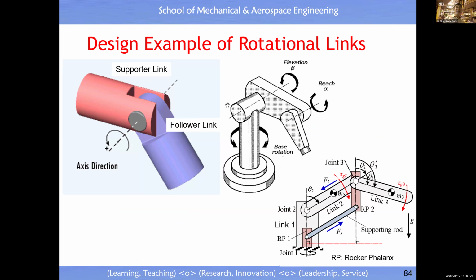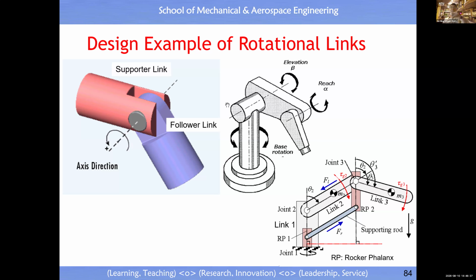In that sense, we have a terminology to name the links. For a series of links, you always have a number zero link as the base link, then number one, number two, etc. Then for two adjacent ones, the one closer to the base link is called the supporter link, and the one far away from the base link is called the follower link.